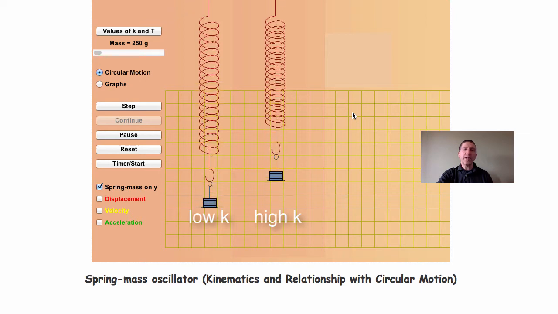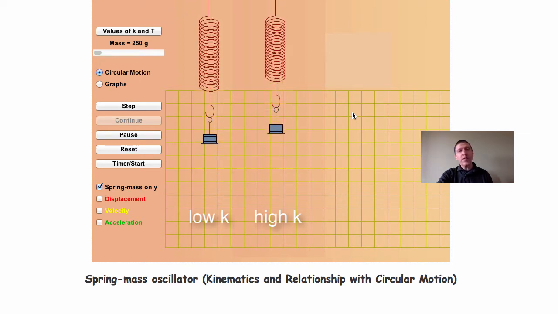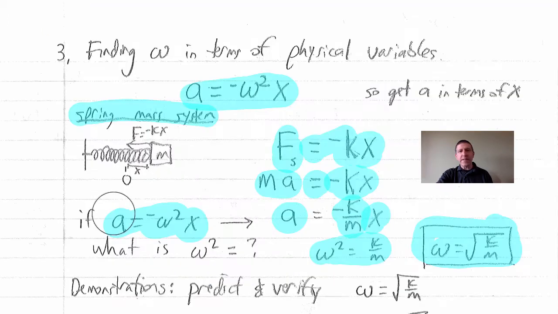That makes perfect sense because the greater the k, the greater the force, hence the greater the acceleration. So it makes perfect sense that the angular frequency for a spring mass system is the square root of k over m. Now, what's great is that omega, the angular frequency, will always be the square root of something over something. Every single time.